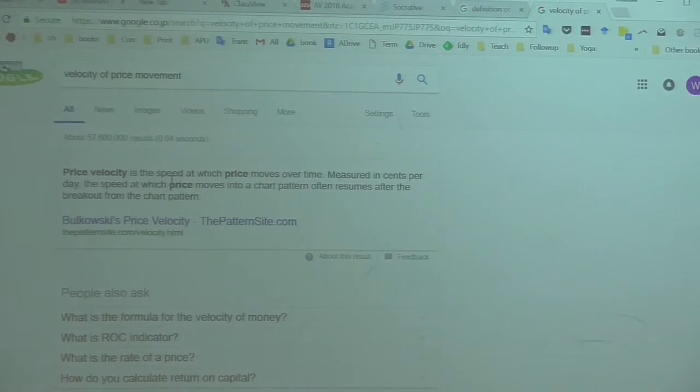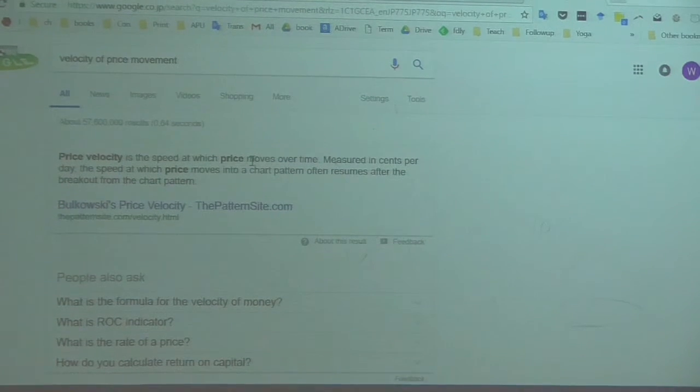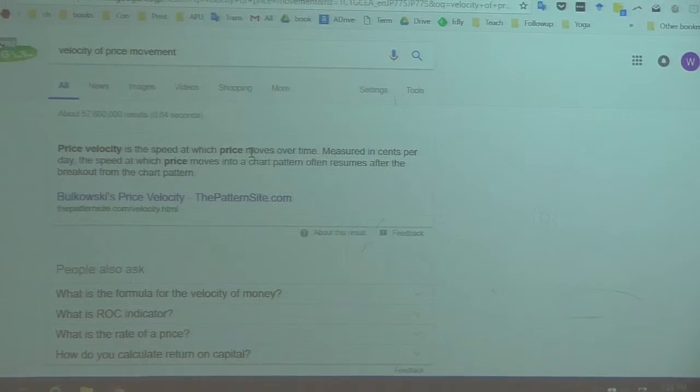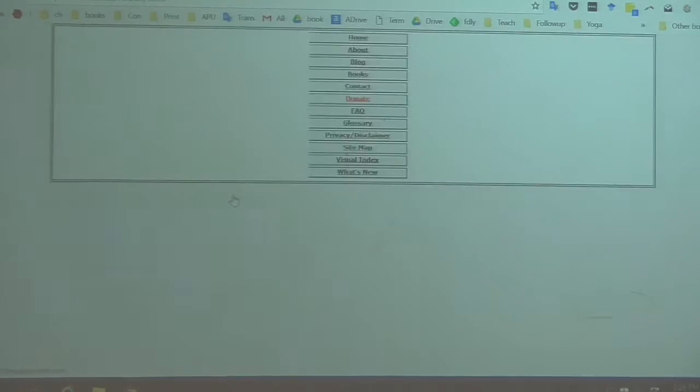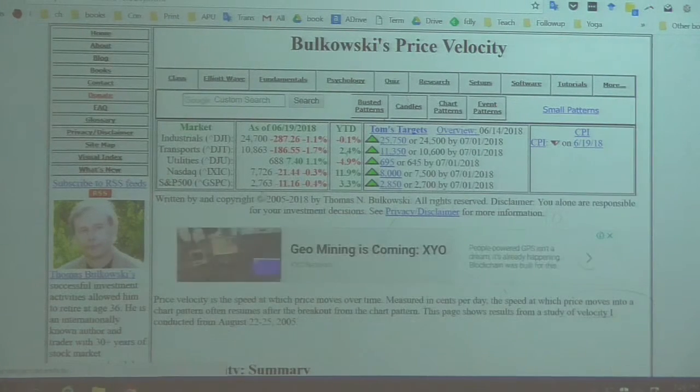Price velocity is the speed at which price moves over time, so just what we said. Measured in cents per day, the speed at which price moves into a chart pattern often resumes after the breakout from the chart pattern. So this is how people get rich, by making up stuff.